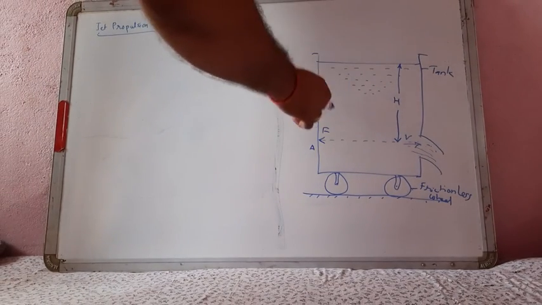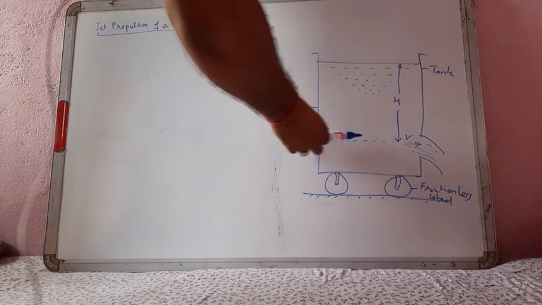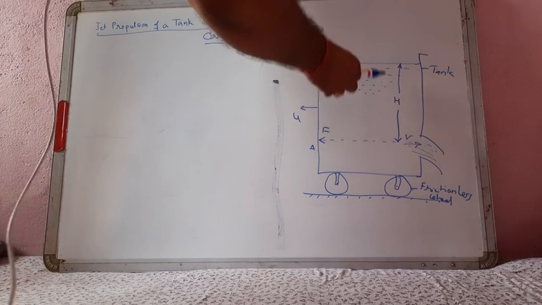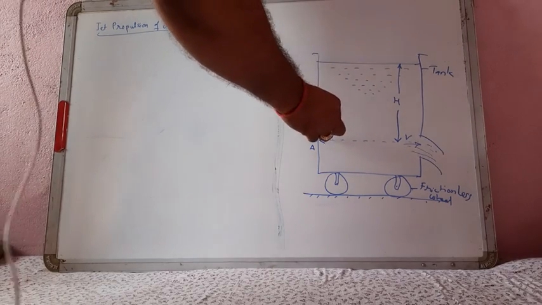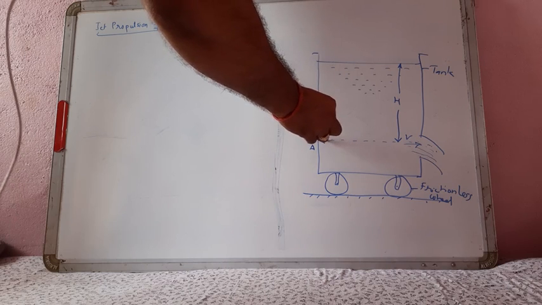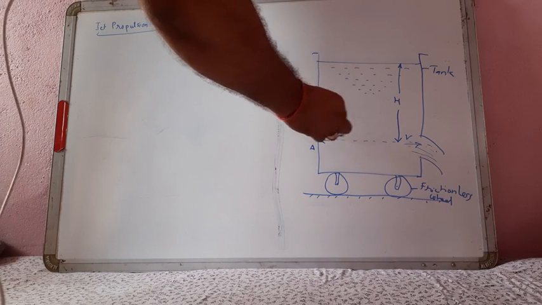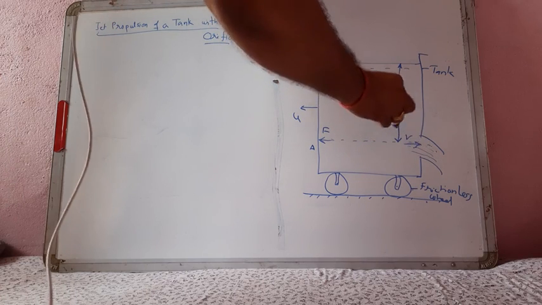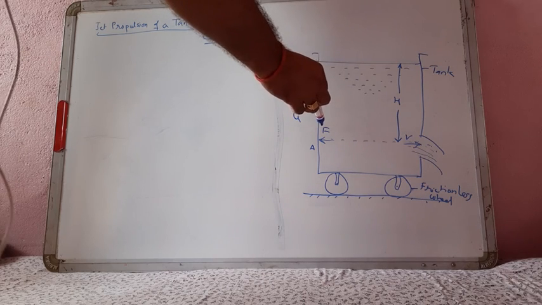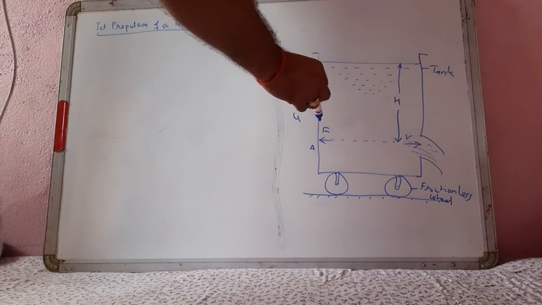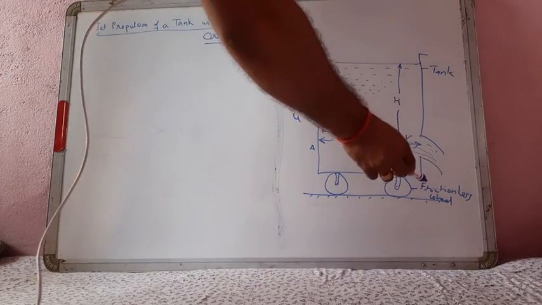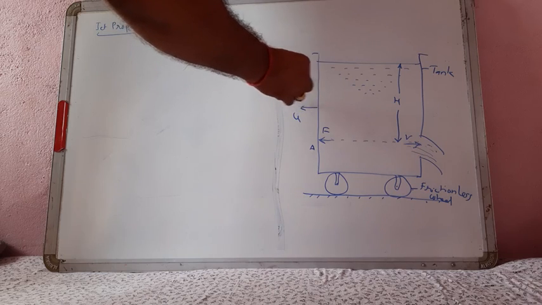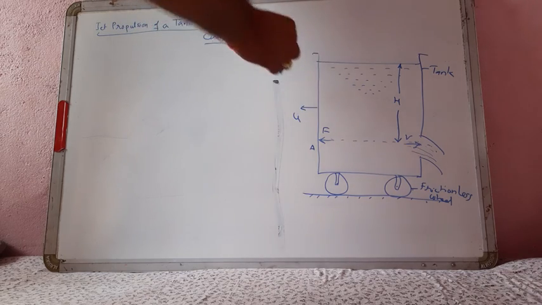The tank is full of water, and the height from the center of the orifice to the top is capital H. V is the velocity of jet, and F is the force acting on the body in the opposite direction. Because the frictionless wheels are fitted, this body starts moving in the opposite direction.